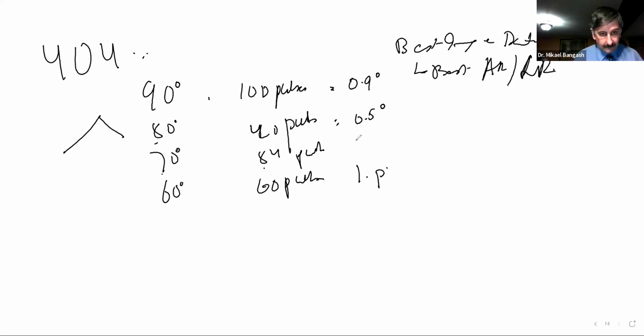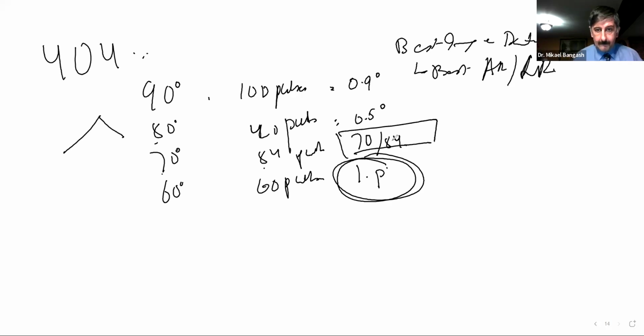So that means it's going to be 70 divided by 84, whatever that comes out to. But we can mainly say the one that ends up with the greatest number of pulses is going to be this one here, because that's still more than 70 degrees.